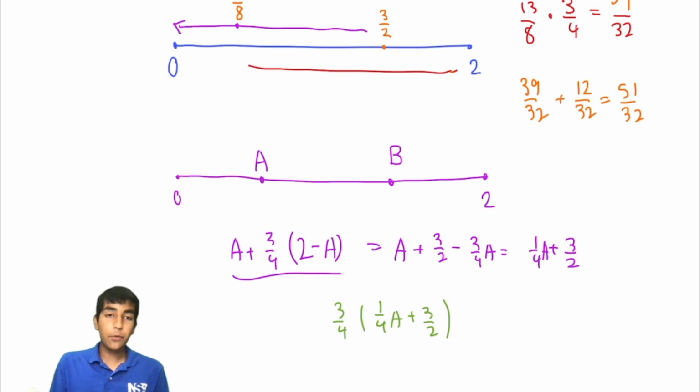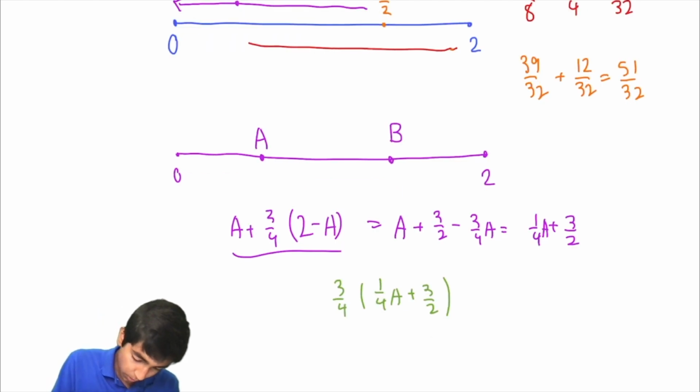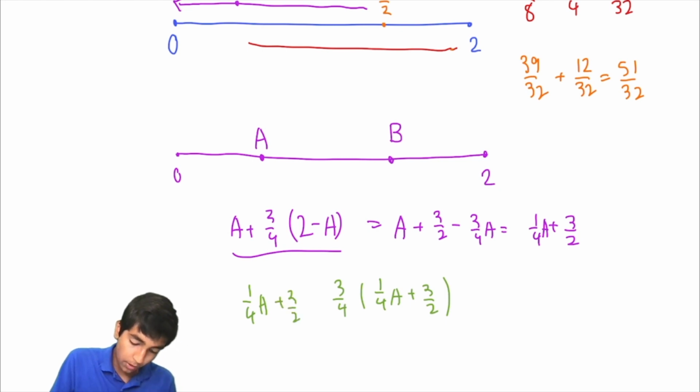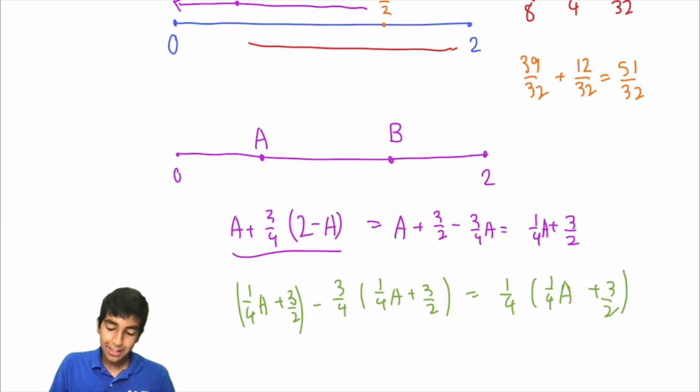So he starts at the point B, which is 1/4 A plus 3/2, and he walks 3/4 of the way back. So subtract that to get 1/4 of 1/4 A plus 3/2, and that's where his point will be. And this is 1/16 A plus 3/8.